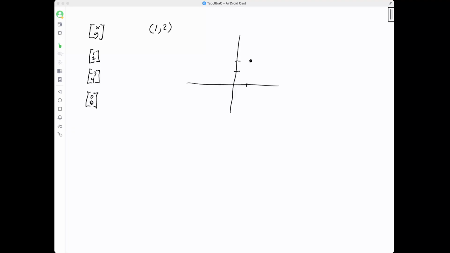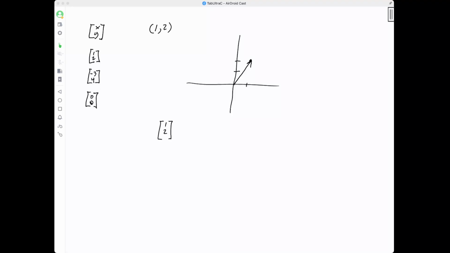So there's another way to think about the vector 1, 2. Instead of thinking about it as a point on the plane, we can think of it as the vector that goes from 0, 0 and points to the point 1, 2. And if we do this, we've got the vector 1, 2.